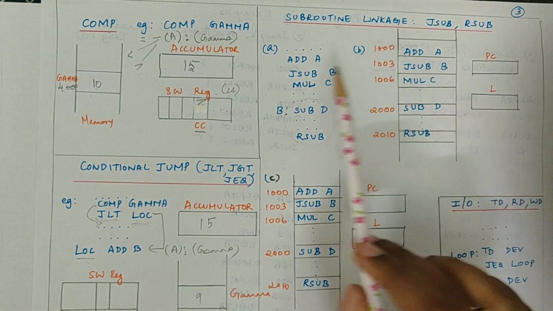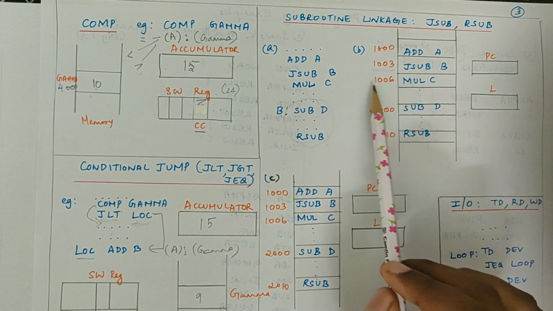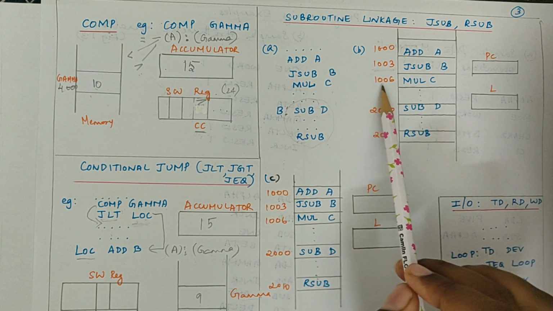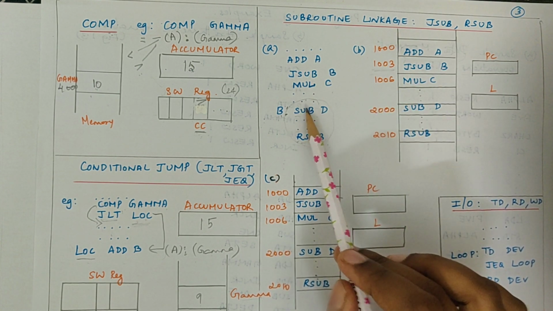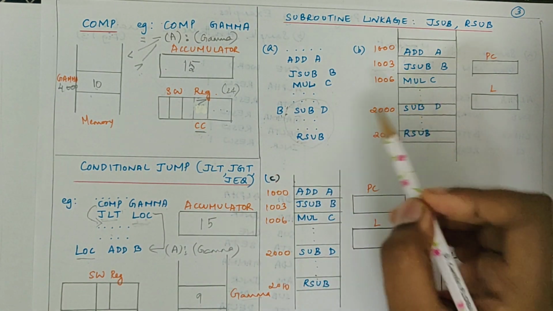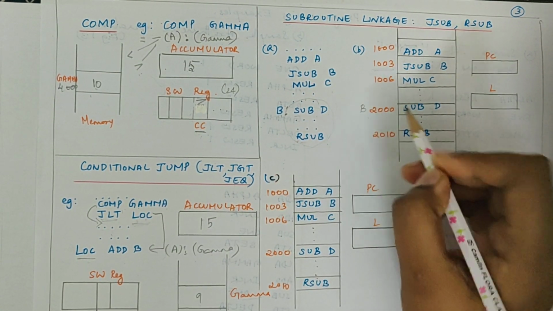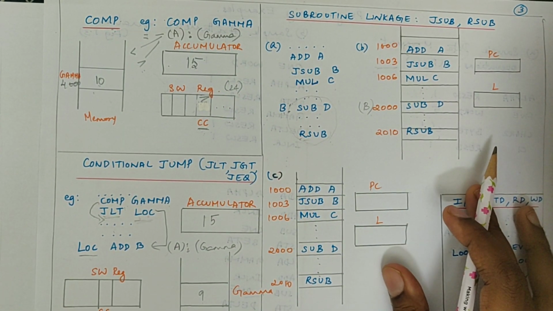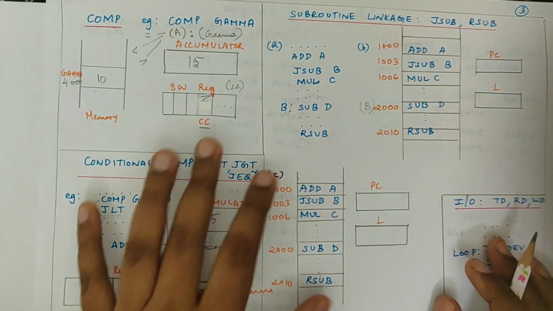The next instruction is JSUB, which gets loaded into 1003. After that, the next instruction, MUL C, gets loaded into 1006. Then you have some instructions, followed by the address B. B points to the address 2000, which contains a SUB instruction. I hope how these instructions are loaded is clear.